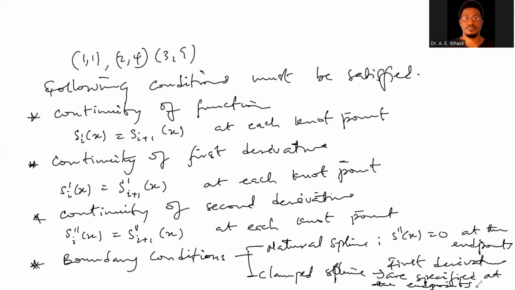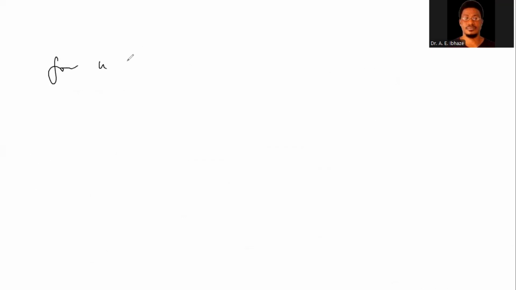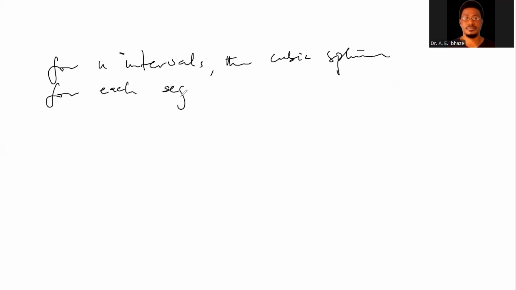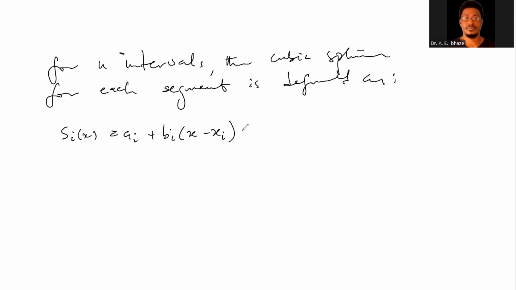So with this, we should be able to attempt the question such that for n intervals, the cubic spline for each segment is defined as S sub i of x being the same as a sub i plus b sub i of x minus x sub i plus c sub i of x minus x sub i squared plus d sub i of x minus x sub i cubed.